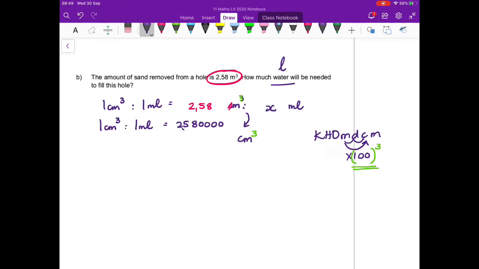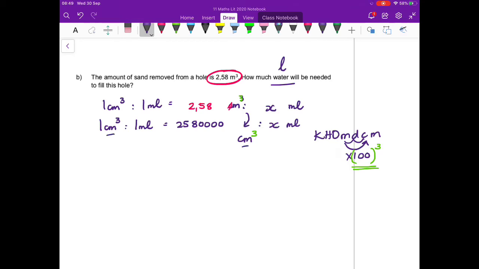Because it's 100 cubed, so that's 1, 2, 3. 100 times 100 times 100. Just check on your calculator. So I've got, let's read that number. Remember, numbers are divided in 3 from the back. It's 2,580,000 centimeters cubed and to x milliliters.